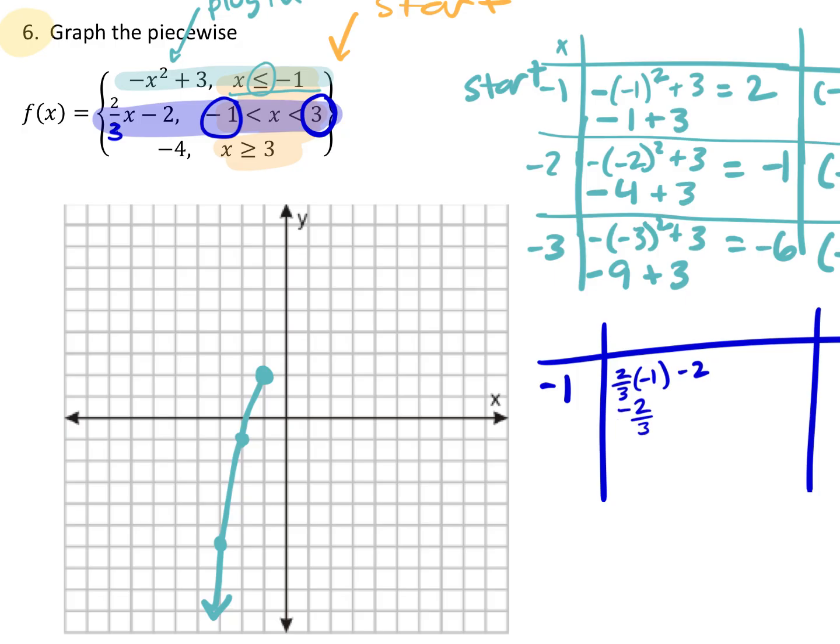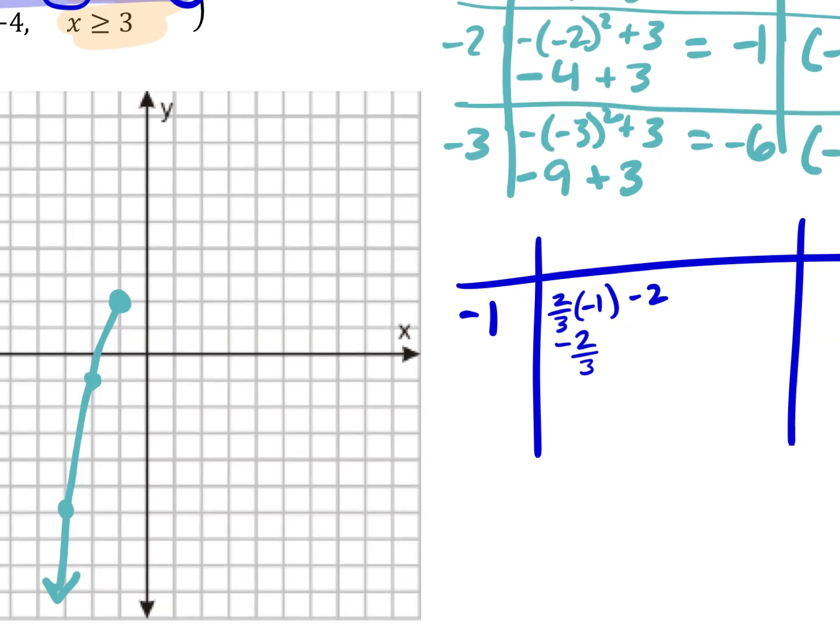What do I need when I'm adding with fractions or subtracting? Common denominator. So I'm going to change that -2 to be 2/1. Give us a common denominator of 3. Let's make it 6/3. So that would turn this into -8/3. Now with fractions, it's a little bit harder to see where we're going to graph it.